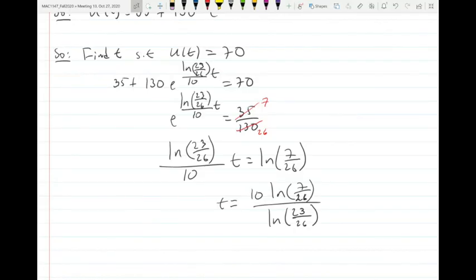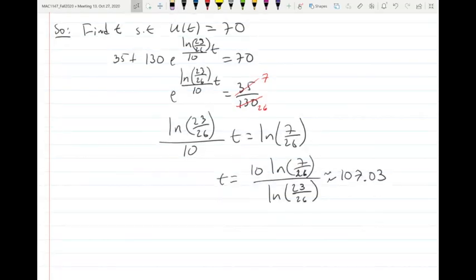Okay, so now I'm gonna do 23 over 26. Ln of that. That's negative, that's good. So then multiply with the top after I flip it. Okay, so I get that this is about 107.03.